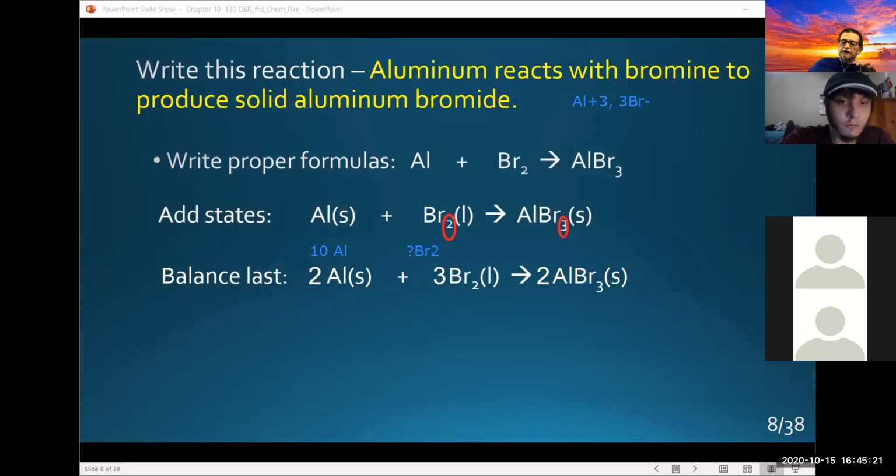But what if I had 10? How many bromines would I need? Are we doing bromine or bromide? No, bromine. Right now, see that question mark I put under in blue? I would say 10. 10? Okay, no, I have 10 aluminum. How many bromines, Br2, do I need?